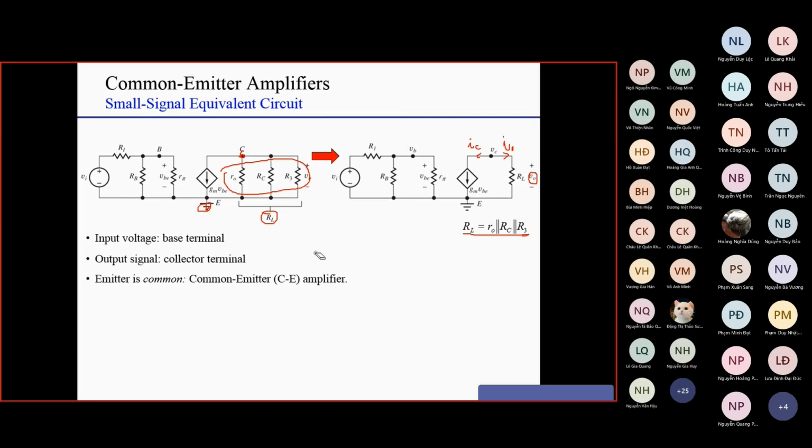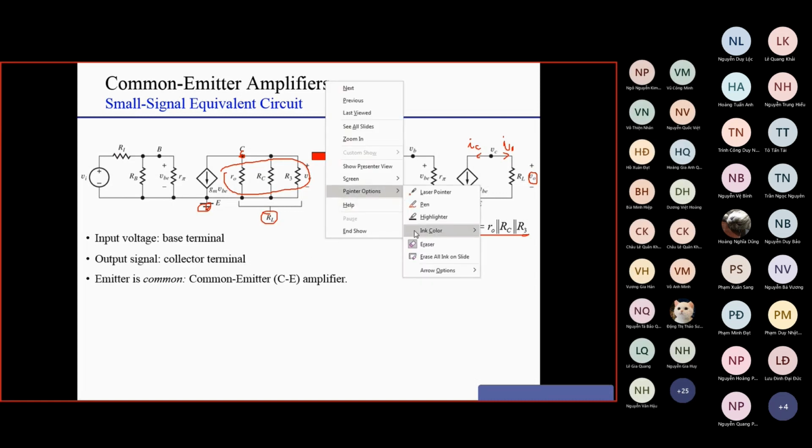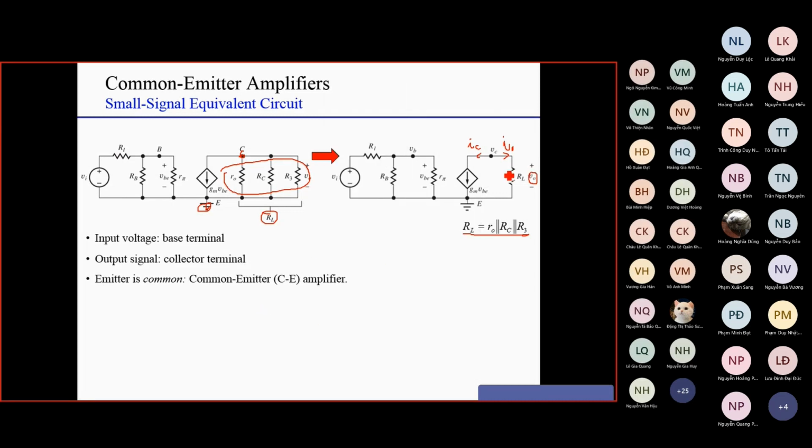Now, another gain you can do at home. Okay, so here VL is equal to IL RL. IL is equal to minus IC. So minus IC RL. So minus IC, that is this current, is equal to this current source, there is GM VBE.